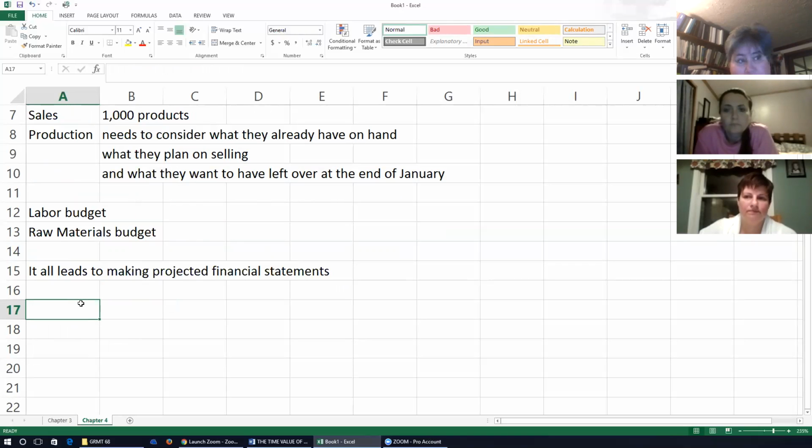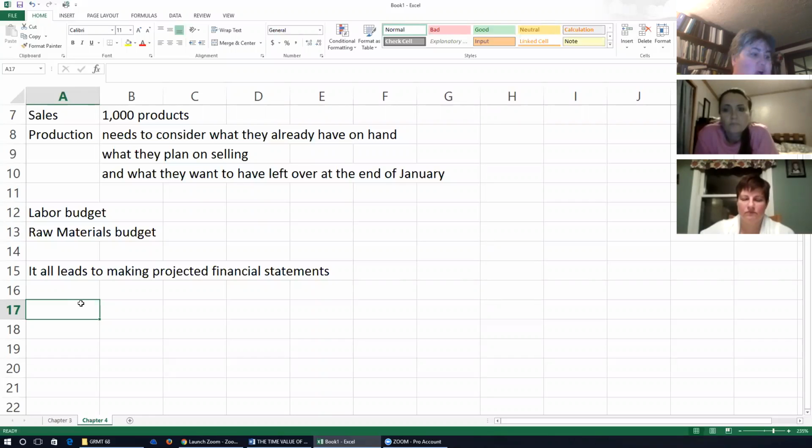Next year's balance sheet should be about this. And they can really start to forecast how they think the upcoming period's going to be. And if the results aren't what they want, then they can go back and tweak the sales budget, which will cause a ripple effect through everything else. Maybe change the sales price so that profits look a little better, or shave some costs and do some cutbacks.